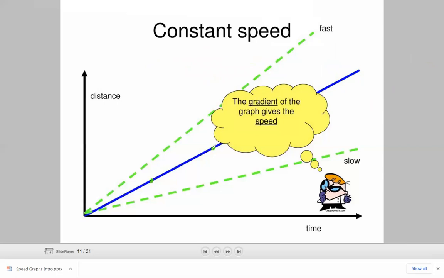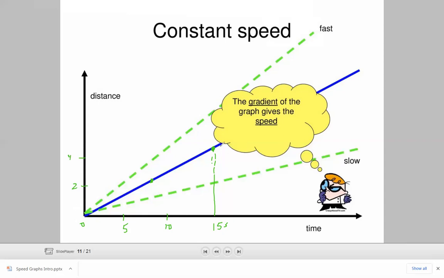So consider any 2 points on the slope. Let's, for understanding's sake, assume that this is representing 15 seconds. This is 10, 5, and 0. And this is representing 2 and 4.